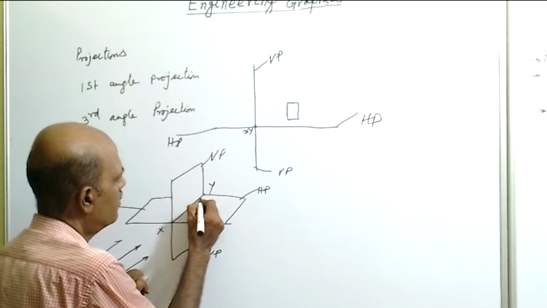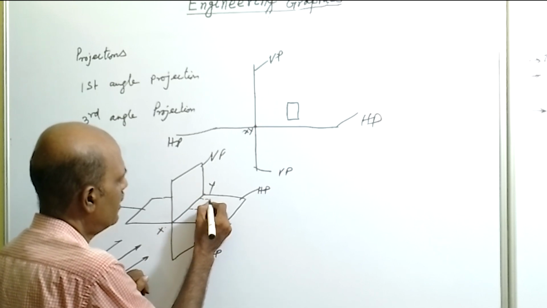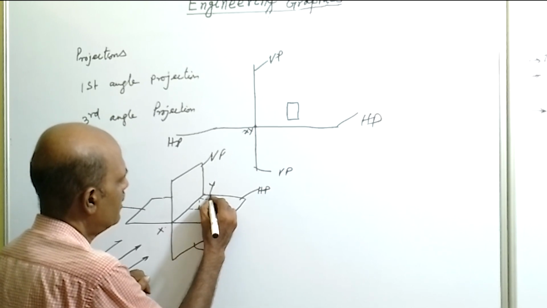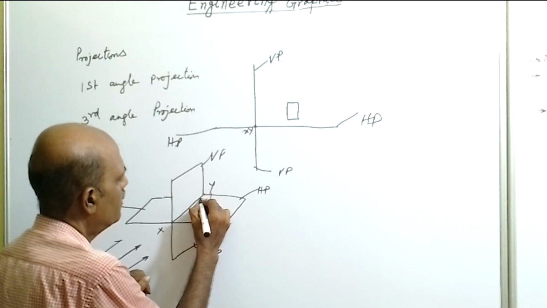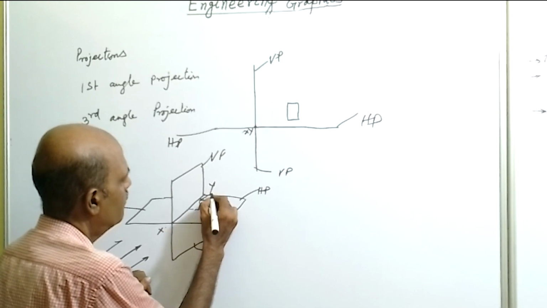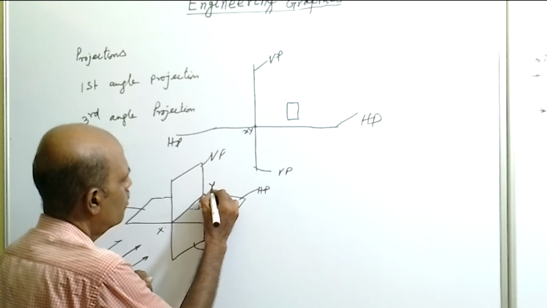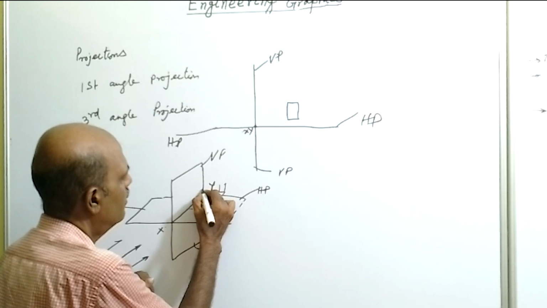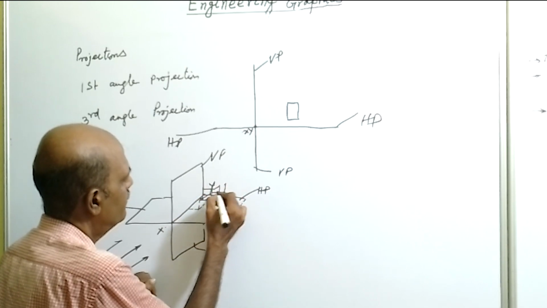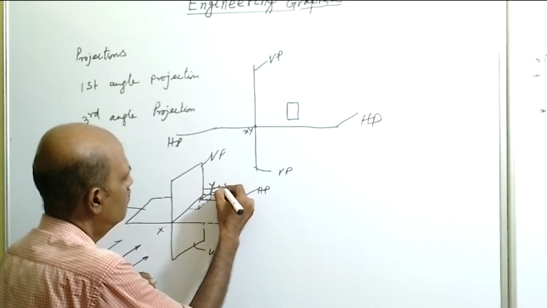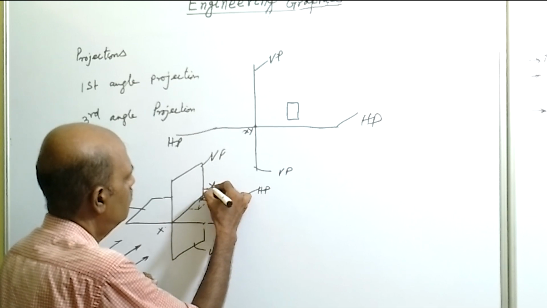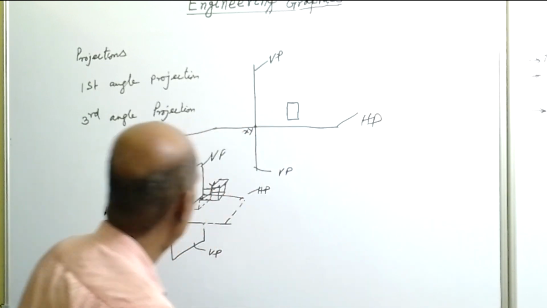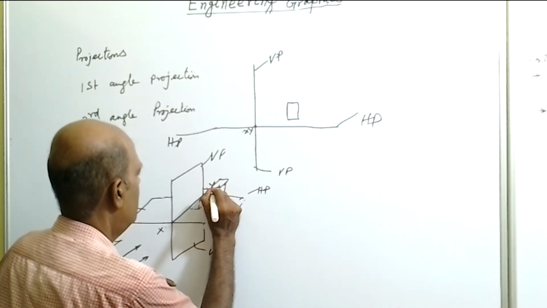the object is at some distance in front of VP and at some distance above the HP. So this is the three-dimensional simple object.